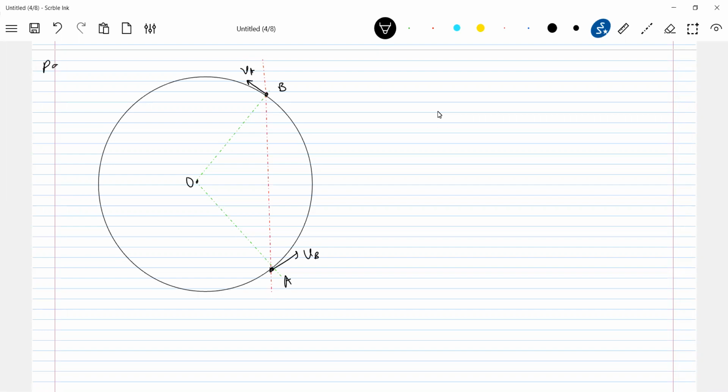First case I'm starting: particles A and B are moving in the same sense with different angular velocity. There's the first case I'm assuming.